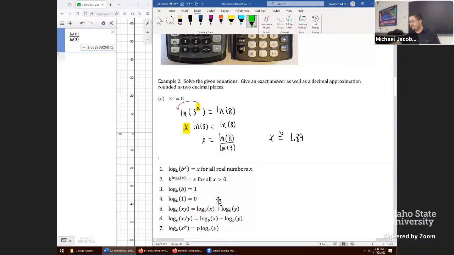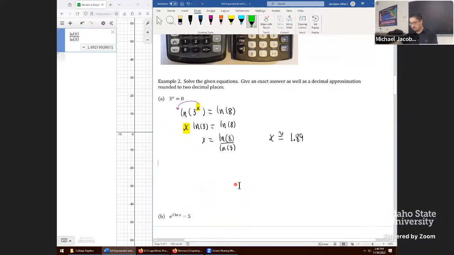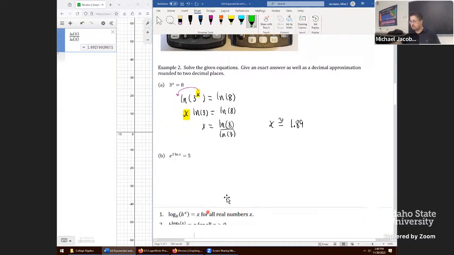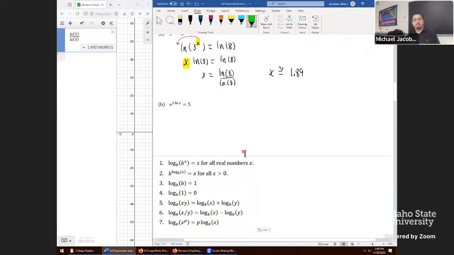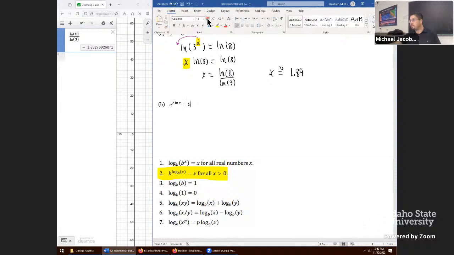Okay, let's try it out again then. So part B here, really again, these equations are about the properties of logarithms, and we happen to be solving equations as well. And to get through this one, well, it almost looks like you would probably want to use property 2. But there's a problem with property number 2. Let me blow that up.